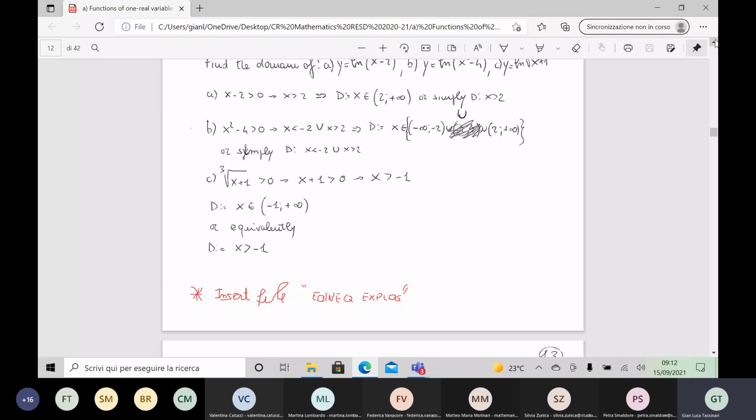Okay, thank you, guys. If you read at page 12, we arrived here yesterday. I wrote insert file, this file. If you open the folder I gave you, we have a file containing a few examples of equations and inequalities of exponential and logarithmic type.